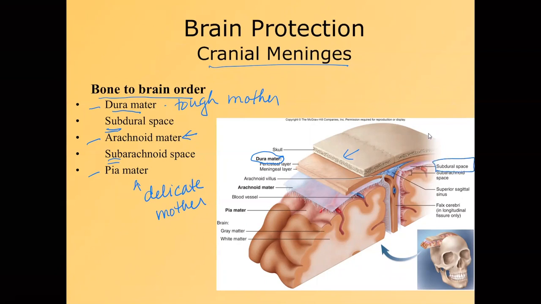Then we come across the arachnoid mater, which is kind of the spider webby stuff. Then we'll have the subarachnoid space below that, and cerebrospinal fluid will be in there. Then we come across the pia mater, which is laying right on top of the brain and touching it. Here you can see the cortex, which is on the outside surface, so the gray, and then you can start to see the white underneath of it.